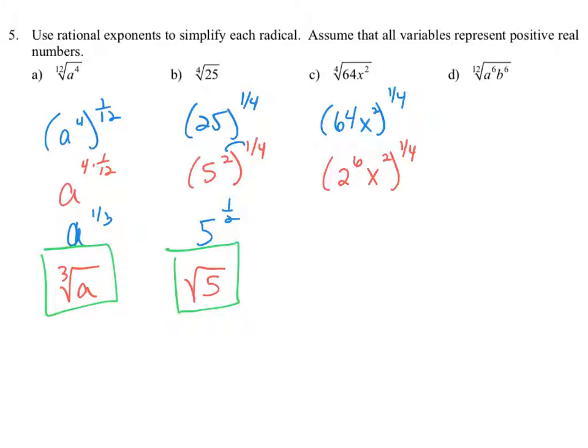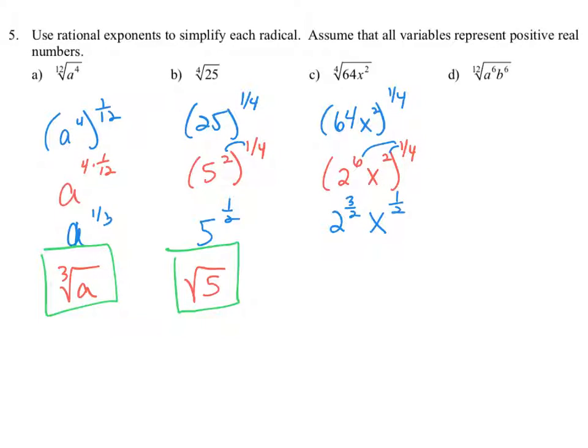And then we can use the power rule for exponents. So this is going to be 2 to the 6th to the 1/4. We're going to multiply those exponents together. 6 times 1/4 is 6/4, which reduces to 3/2.